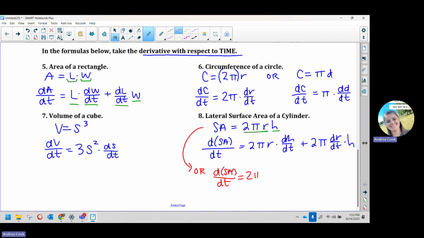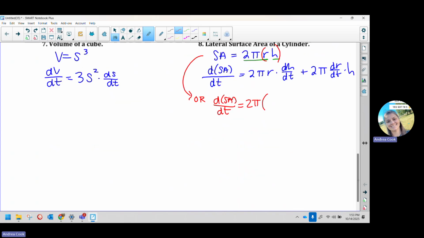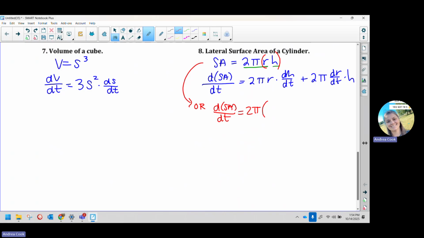Or you can put the 2 pi outside of parentheses and just treat r and h as functions. So this would be r times dh over dt plus dr over dt times h, which is basically the same thing, but the 2 pi is distributed or factored out.